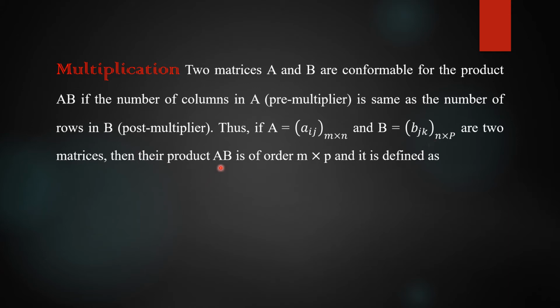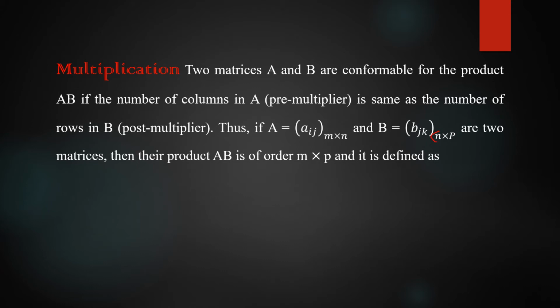This is denoted simply by AB, and the new matrix AB will be of order M by P. You just have to eliminate this column.